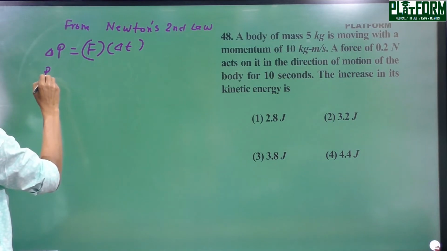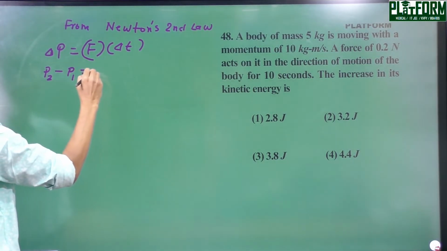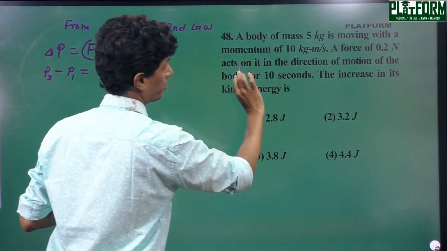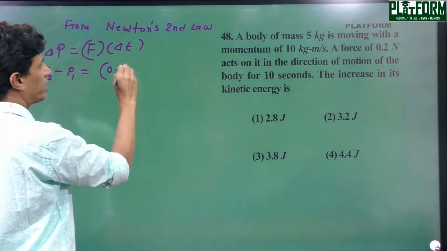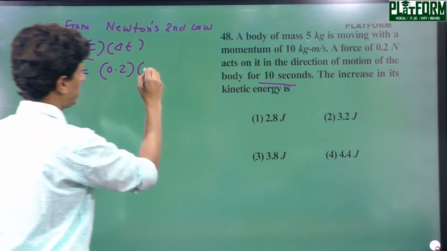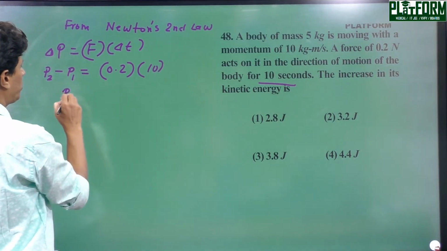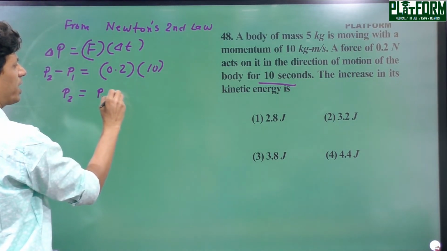So P2 minus P1 is equal to force times time, 0.2 and 10. So P2 is equal to P1 plus 2.